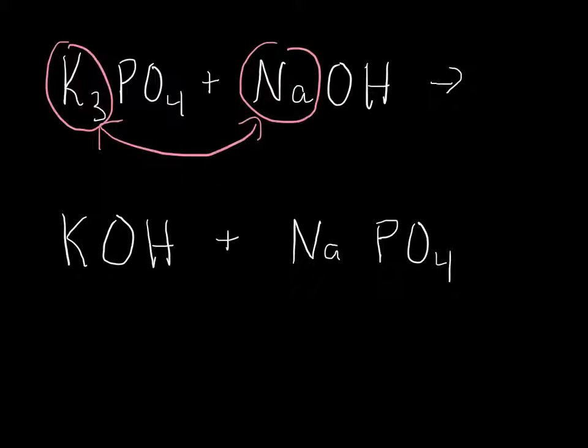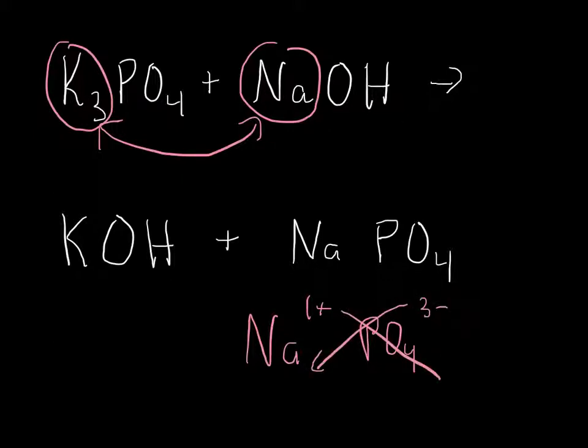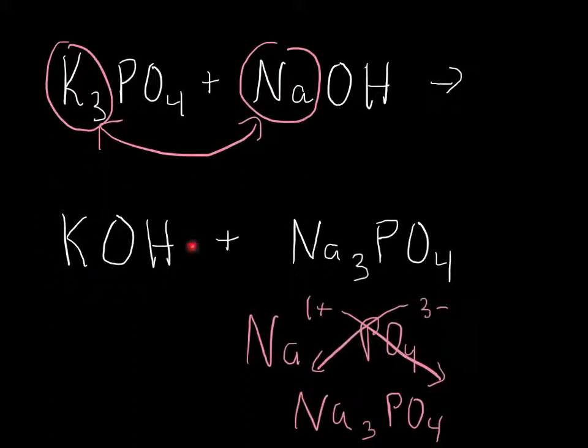If I look at sodium phosphate, as a reminder, sodium is +1, my phosphate group is -3, so when I cross and drop my charges, I get Na3PO4. So the correct answer here has to be Na3PO4. I didn't have to make any changes here because this was already charge balanced, but I needed to add this 3 in here to make the correct reaction.